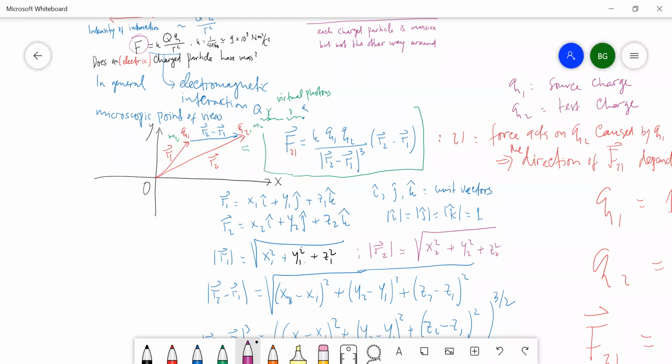You are engineering students, right? If we rotate this coordinate system in three dimensions, the z here is coming to you, outside the board.